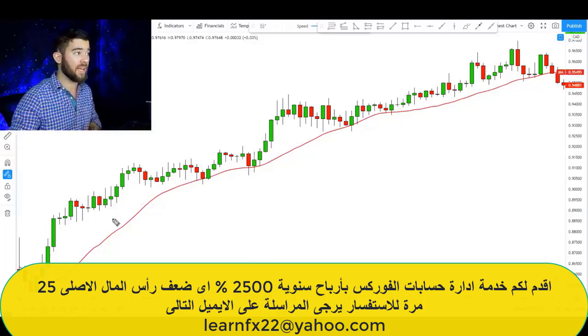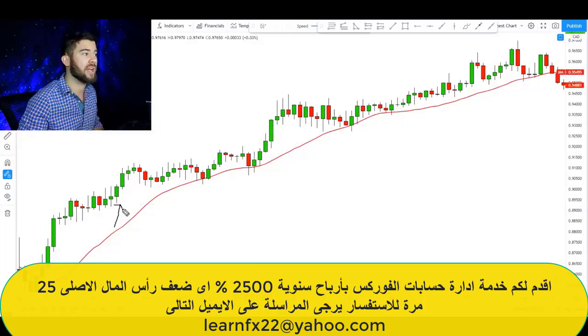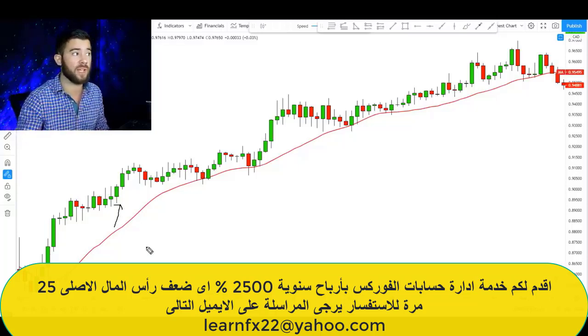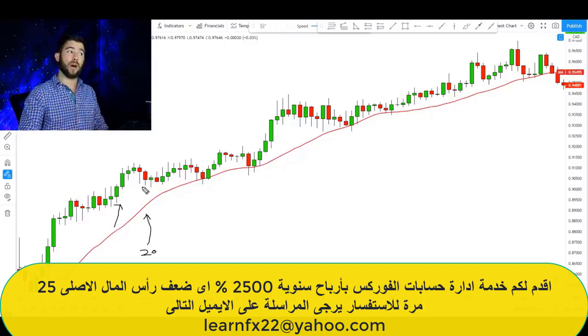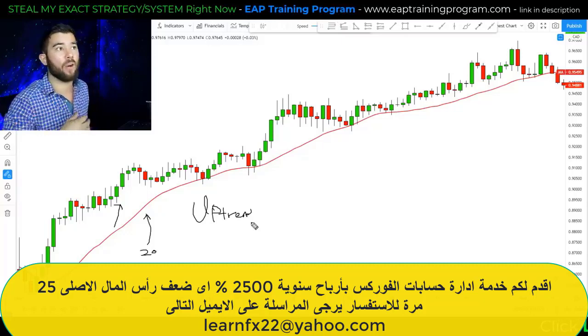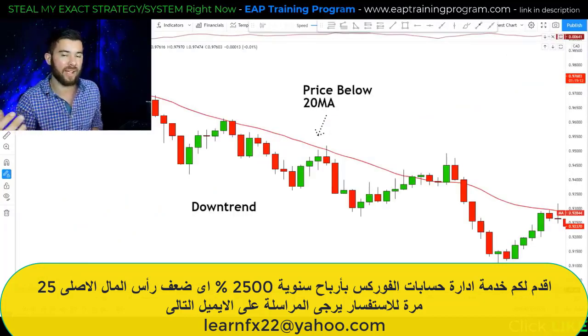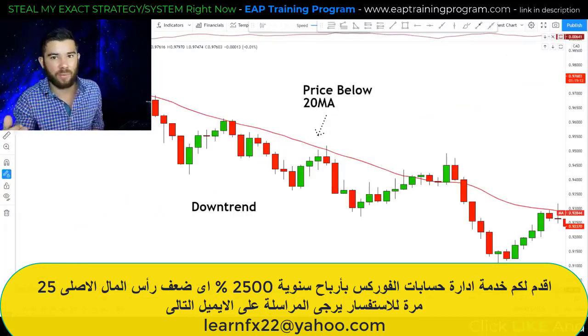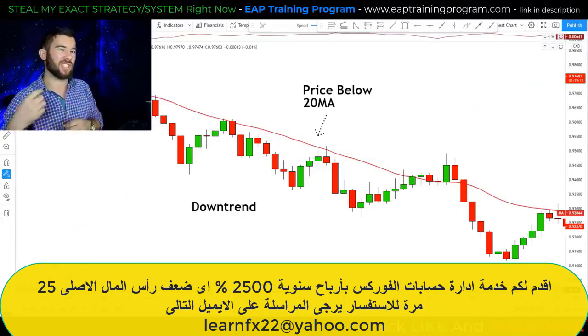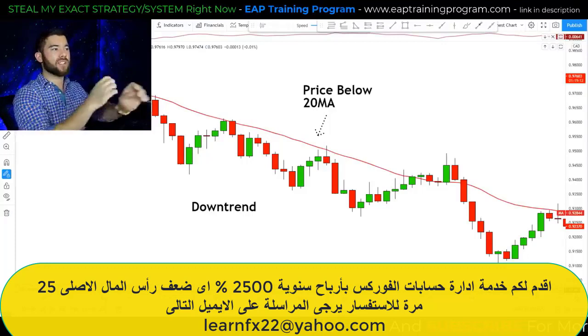The way you would do that is if price is trading above whatever period moving average you choose. For short-term trends, the 20 works great. If price is above the 20, then I am in an uptrend. And I'll do an example on the screen now for if price is below the 20, then I am in a downtrend. And that's the way we would use a single moving average to help us define trend.